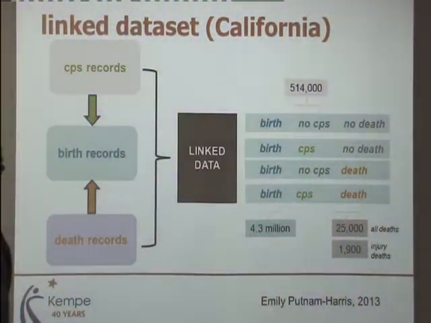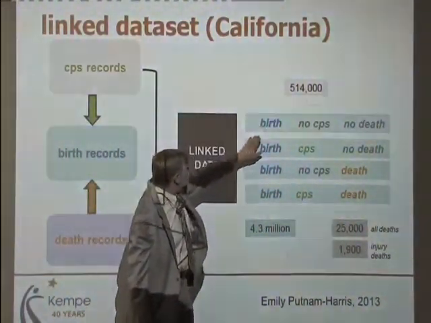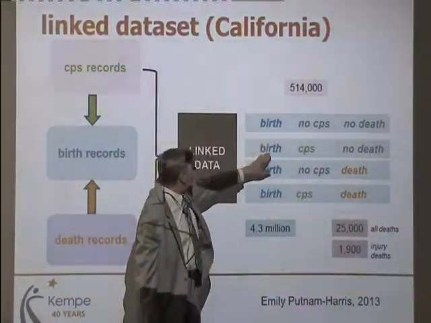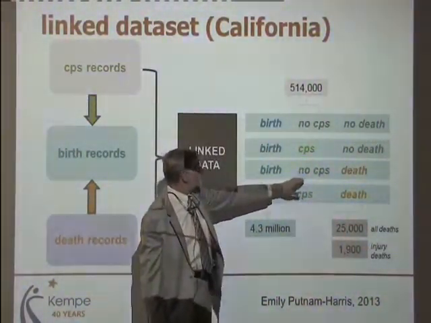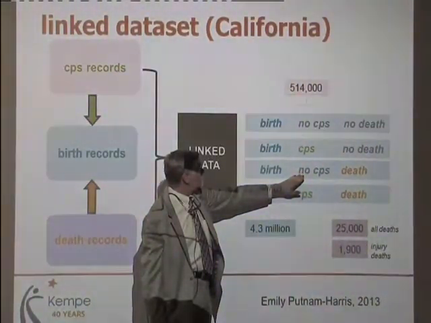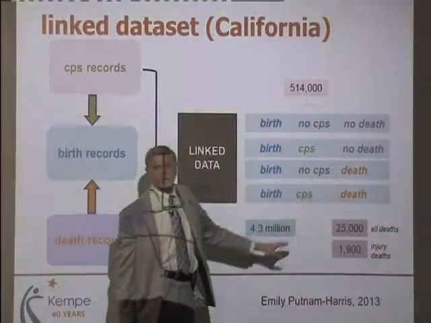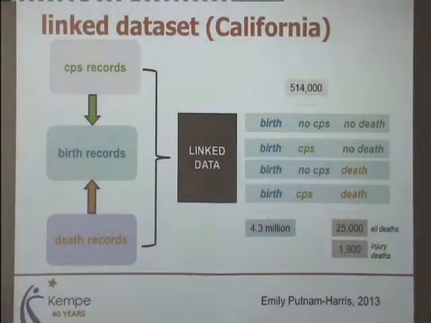And you can see that in some cases, out of the 4.3 million births, some of them had no contact with CPS, no fatalities. Some of them had a contact with CPS and no fatalities. In some cases, no CPS contact but had a fatality, and then CPS contacts and fatalities. So those are the possible outcomes, again, that children might experience. And there are children in the linked data that represent all four of those categories of potential outcomes.